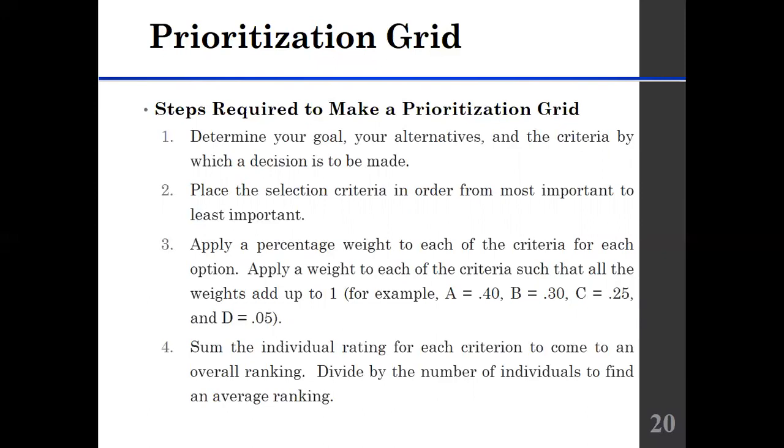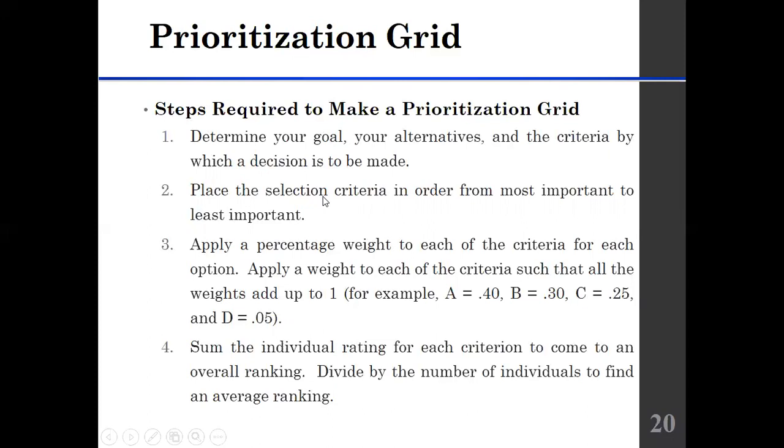So let's discuss the steps that are required to make a prioritization grid. The first is to determine your goal. What is your goal? What is your objective? Then you should determine your alternatives and the criteria by which a decision is to be made.